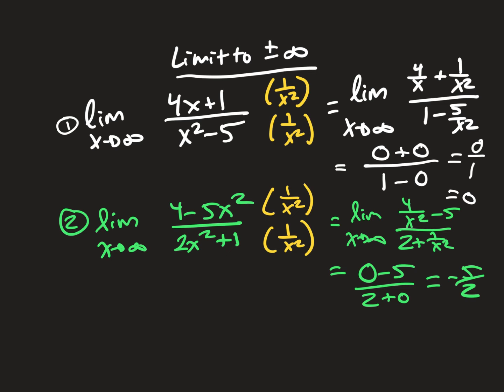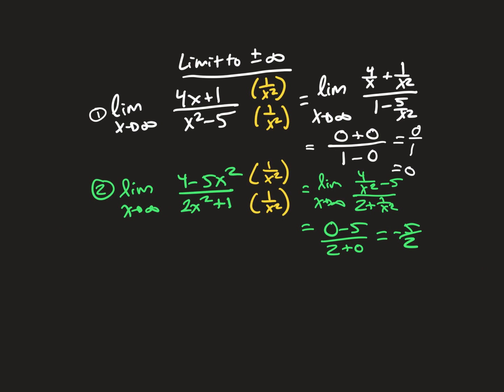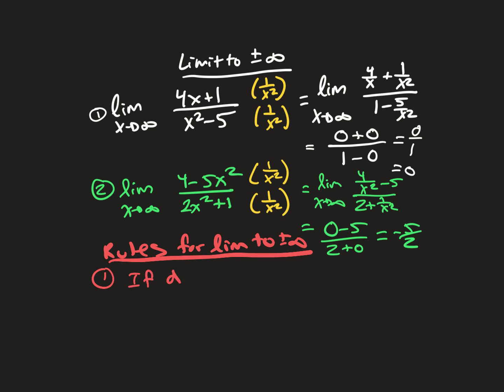So let's write that down. So again, we're dealing with limits to plus or minus infinity. So rules for limits to plus or minus infinity. So if degree of the denominator is greater than the degree of the numerator, the limit equals 0.